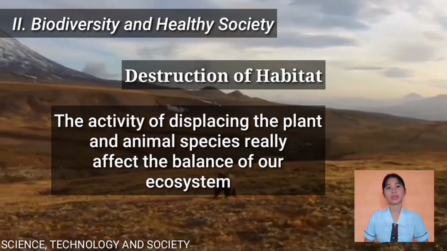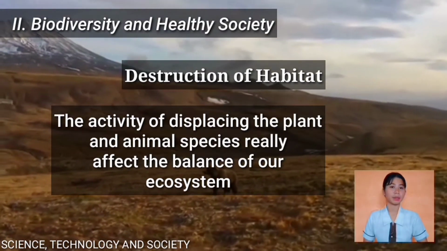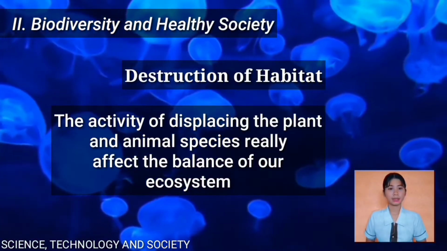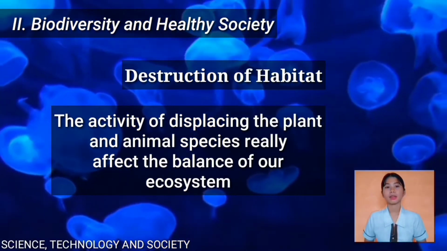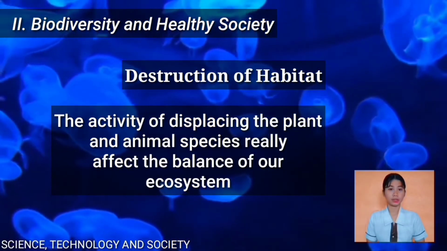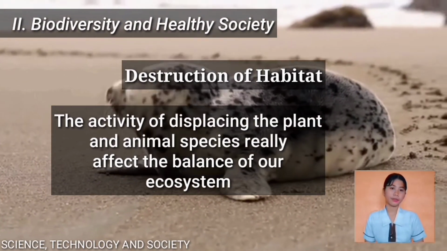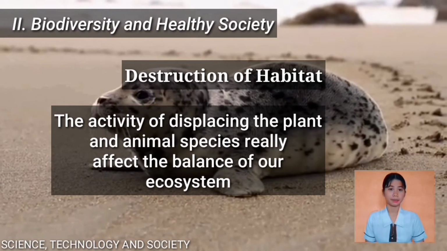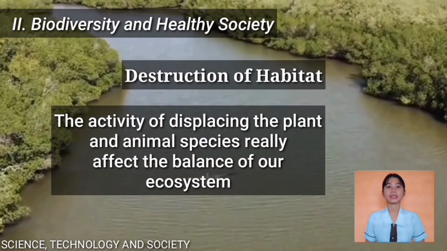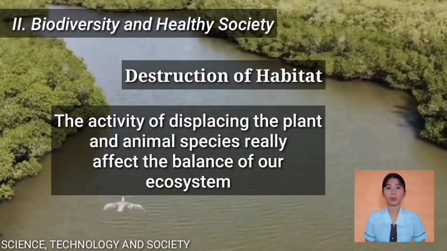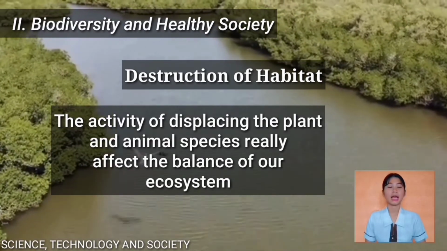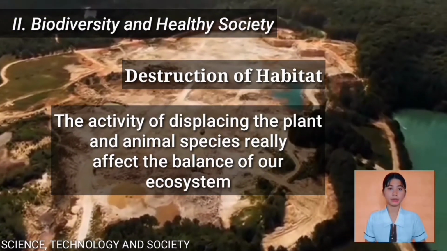Some human activities displace these plants and animals to other places in order to build something there. Humans need food, but building agricultural lands has a great effect on our biodiversity. Forests are flattened and turned into fields, whereas those forests have contributed a big part to our ecosystem.